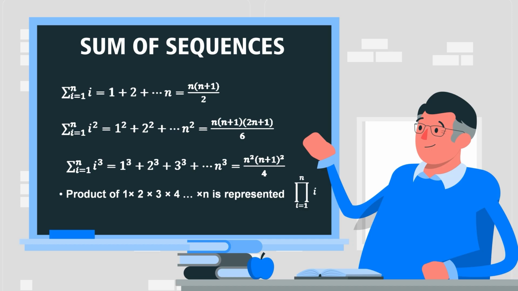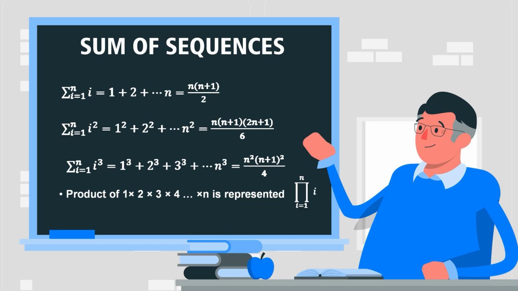The second is the sum of i square over i equals 1 till n. Obviously, it is represented as 1 square plus 2 square plus 3 square till n square. The sum of this sequence turns out to be n into n plus 1 into 2n plus 1, and this complete thing is divided by 6.